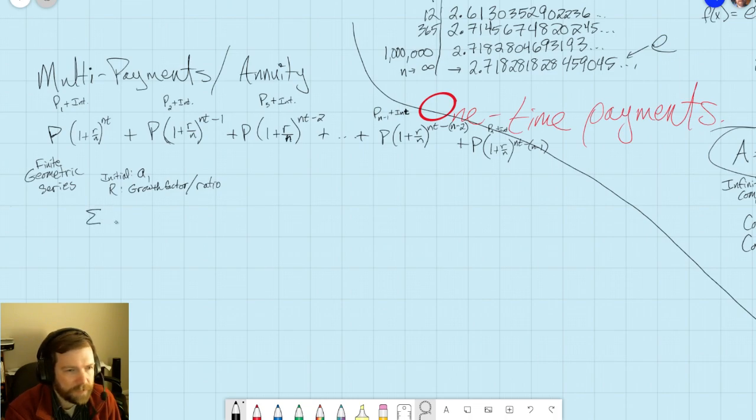So the sum of all of those things is going to be equal to a sub 1 times 1 minus r to the n.